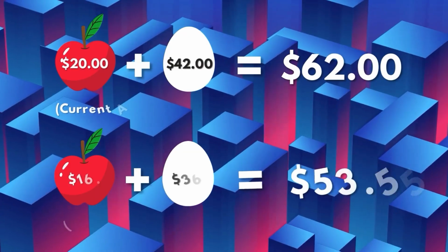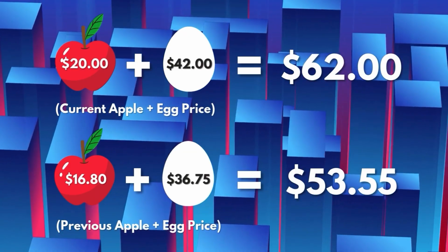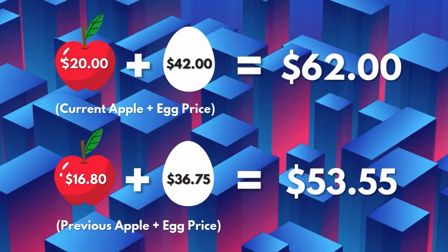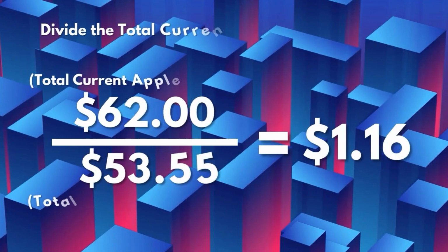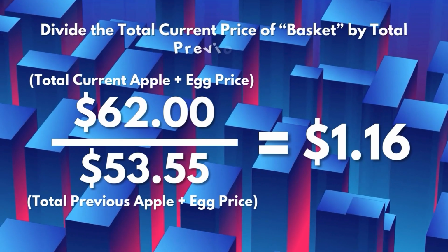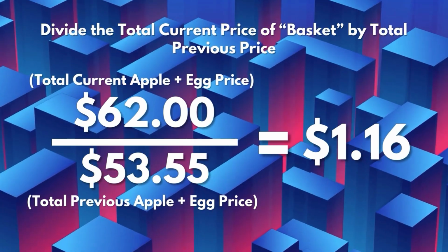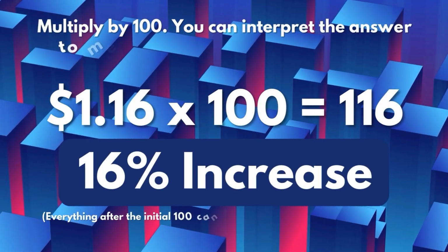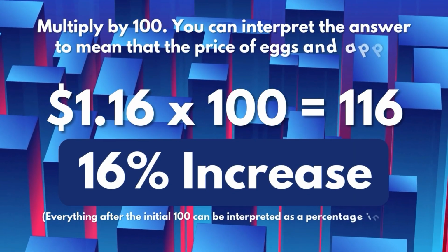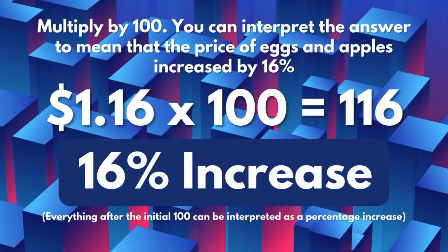So we add that to our basket of groceries to get $62 currently and $53.55 a year ago. We divide 62 by 53.55 and get roughly 1.16, which we then multiply by 100 and get 116, which you can interpret to mean this basket of items has increased by 16% from last year.